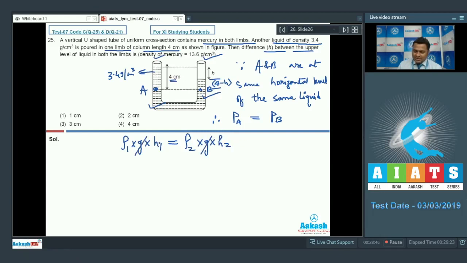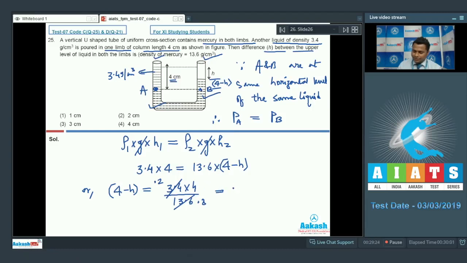Let's say g will be cancelled out. Density 1, that is liquid at the left side, which is 3.4 in centimeter cube given, multiplied by H1 is 4, equals density of mercury, that is 13.6, ρ2 into H2 given 4 minus H. After solving, we can get 4 minus H as 3.4 multiplied by 4 whole divided by 13.6, and by cancelling with 17 you will get 0.2 upon 0.8, which is equal to 1.